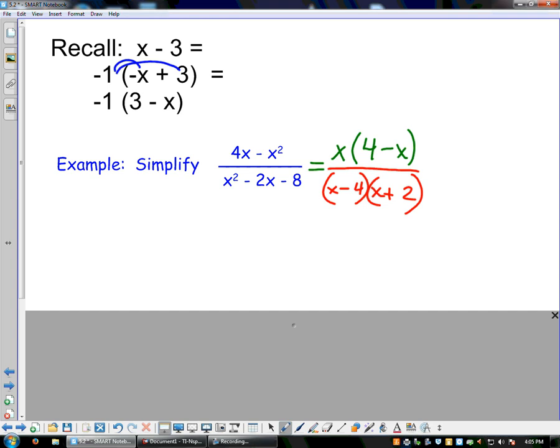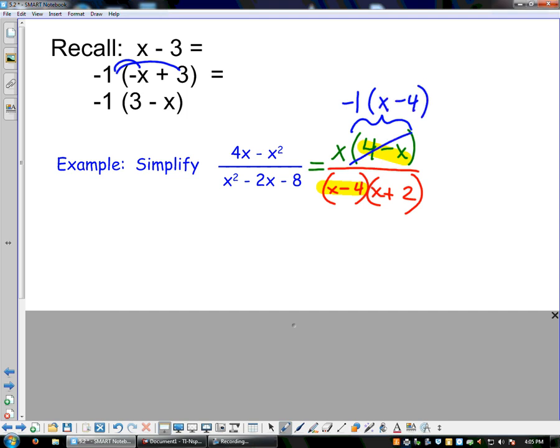Now, if I want to reduce, I want to notice that this factor on top, 4 minus x, is very similar to this factor on the bottom, x minus 4. So close, yet so far. Using that little recall we did up there, how could we make it so that I have the same factor to cancel on top and bottom? Well, I'm going to remember that this factor right here, 4 minus x, is the same as a -1 times the quantity x minus 4.